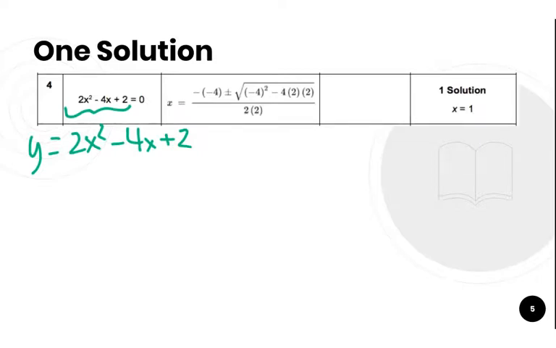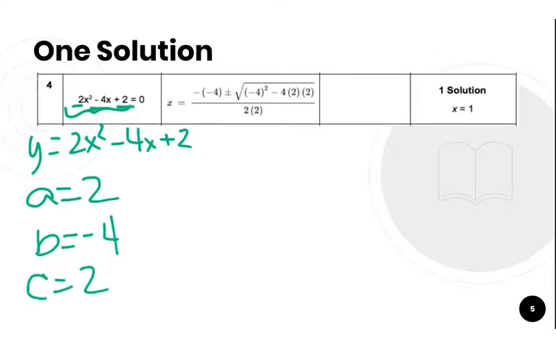All right, so again, they have plugged in all of these numbers here, so I'm just going to check their work. A is 2. B is negative 4. And C is this last constant, 2. Cool. Every time they had B, I see that they did put in a negative 4.